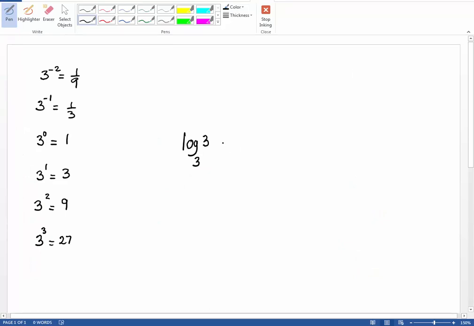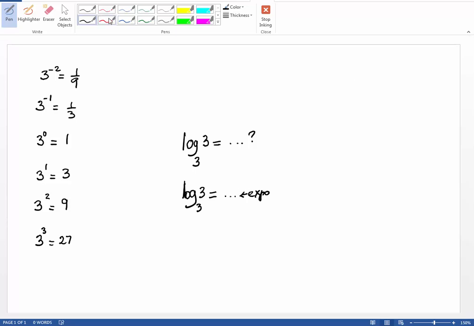Now let's say I had to find log base 3 of 3. So this is my question. So let me write it again. So it's log base 3 of 3 is equal to what? We know we're looking for an exponent. The answer will be an exponent such that if I take my base 3 and I raise it to that mystery exponent, I will get the quantity inside the log as an answer.